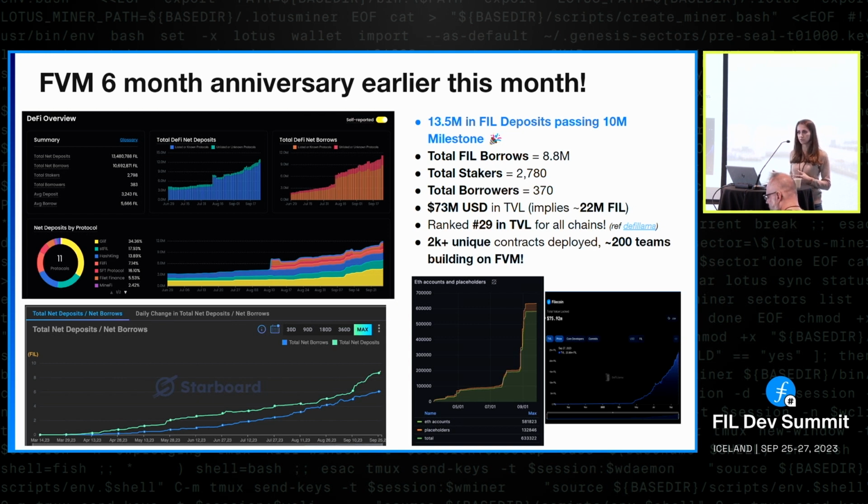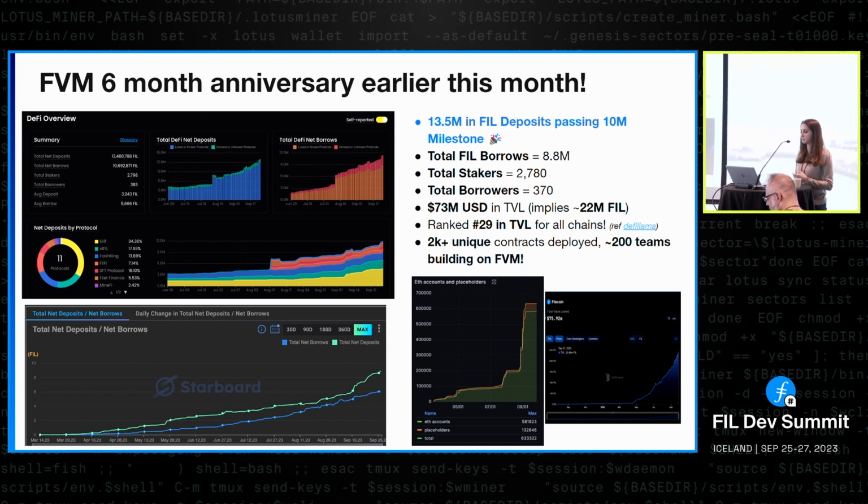As of today it's 13.5 million FIL deposited. This number is important because one of our main goals for FEM is making sure our ecosystem is lively and growing, with more users, developers and applications, and SPs able to benefit from the ecosystem we are creating.